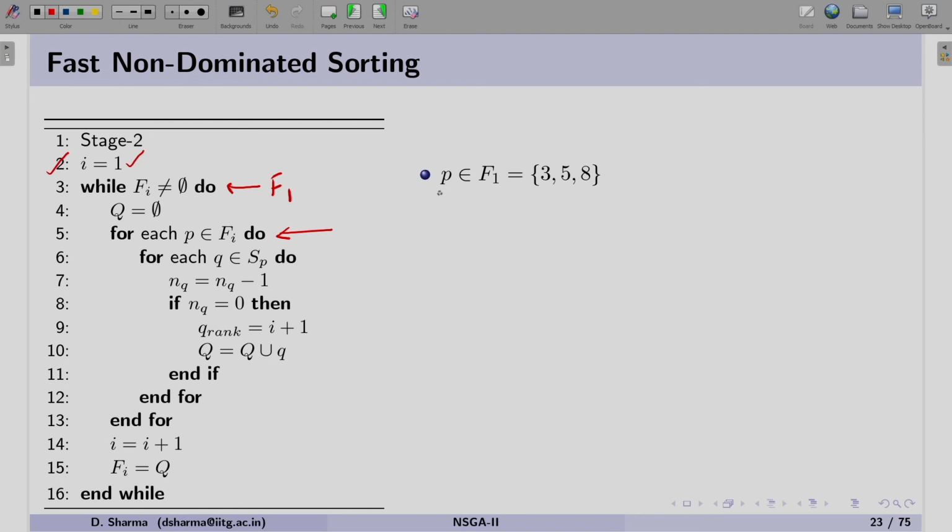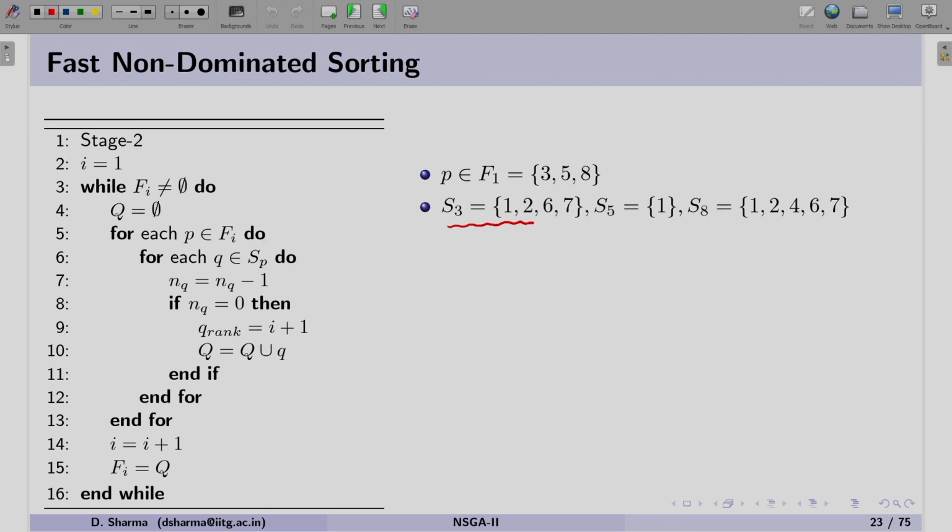So, here on the right hand side, P belonging to F1 are 3, 5, 8. Now, we have to find out what are their SP. So, here S3 consists of 1, 2, 6, 7, S5 consists of 1 and S8 consists of 1, 2, 4, 6, 7.